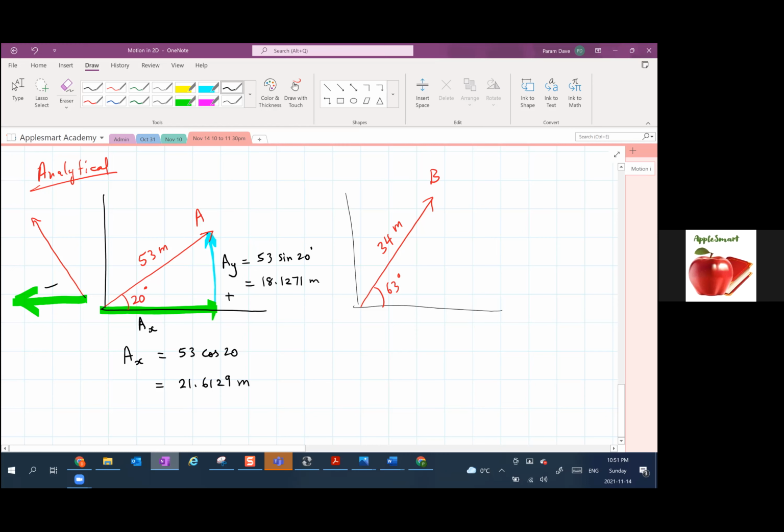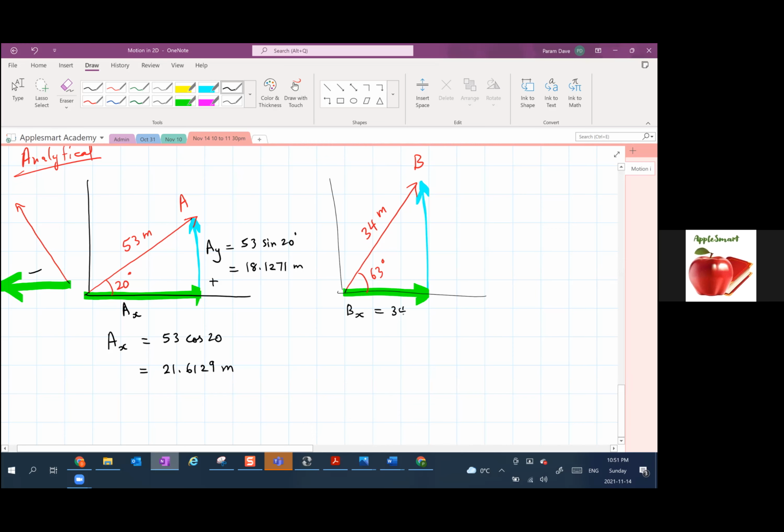Okay, so BX is going to be, take the magnitude of the vector times cosine 63, and then BY would be magnitude times sine 63. Okay. So BX, anybody? I got 33.5205.